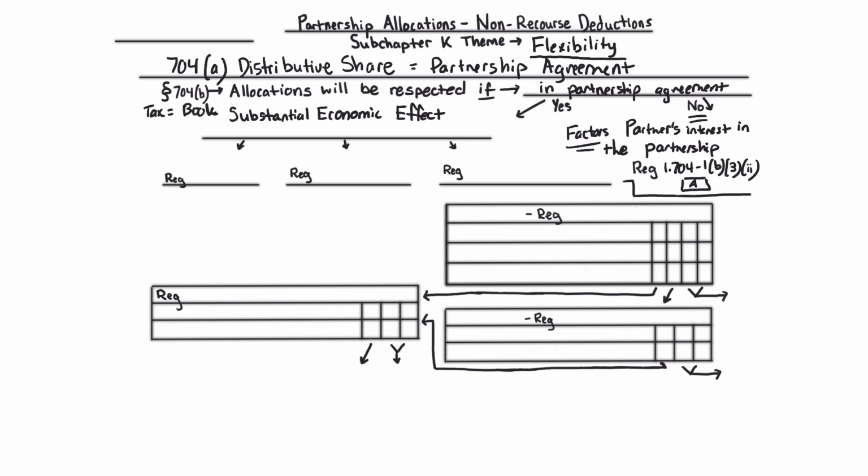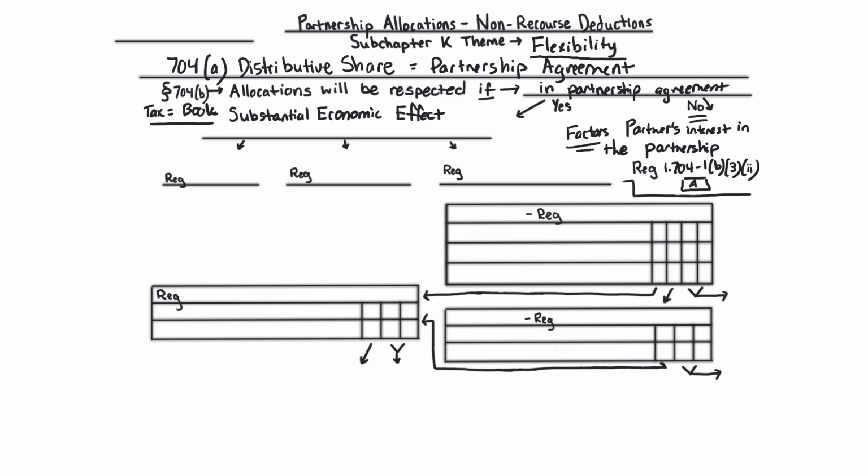So going back to our example I mentioned earlier, if we have 50-50 owners with respect to capital contributions and everything with respect to the arrangement, how much time and energy is put into the business, except we're going to allocate losses to one of the owners just because we have flexibility. Well, as long as that tax allocation follows the book economics, then in general, it should be respected.